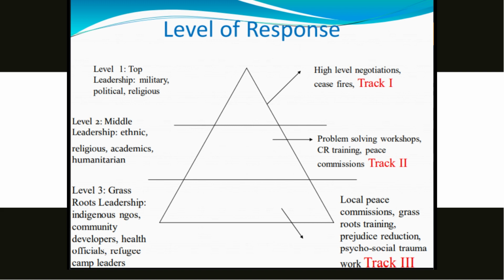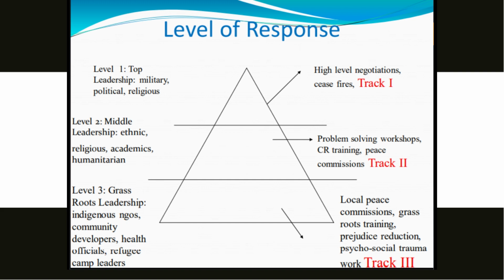That's the most important thing. So without local community security, I don't think the peace process will be possible because people continue to fight. So that is why track 3 is also important in achieving peace in the society.